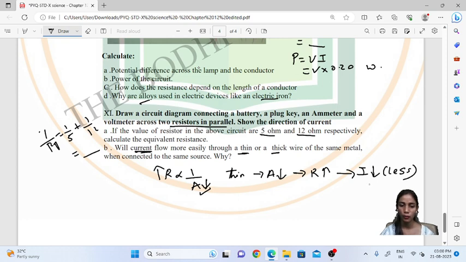Now in case of a thick wire, the area is increased. If area is increased, resistance is decreased. The current will be increased and there will be more current. Okay, so this is the answer for this question.